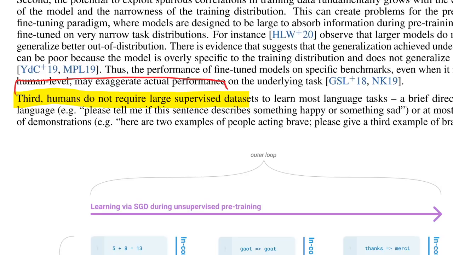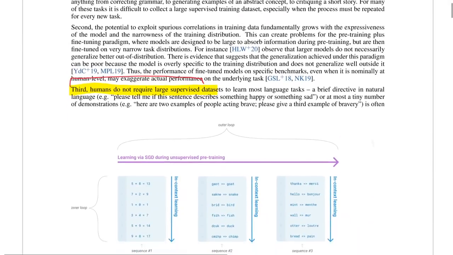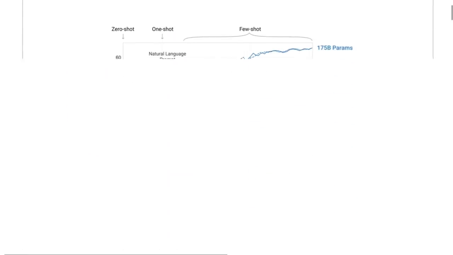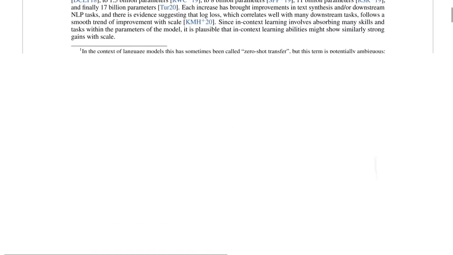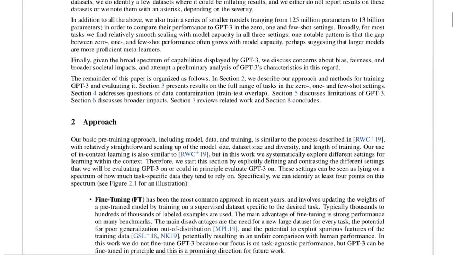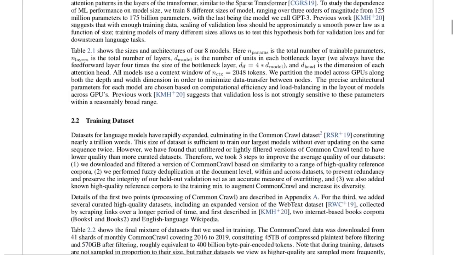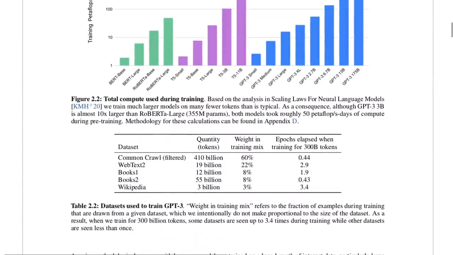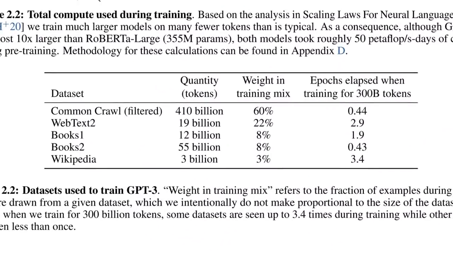And the cool thing about language models is that you can train them on any sort of text data. And that's what they do here. They train a language model on giant amounts of data. Specifically, they go into the datasets they use. They use this Common Crawl dataset, which they filter down for quality.